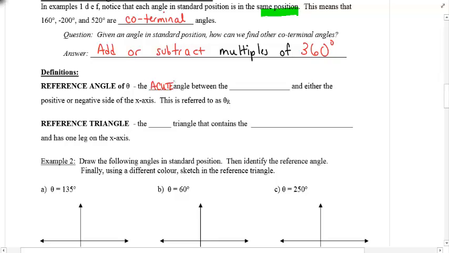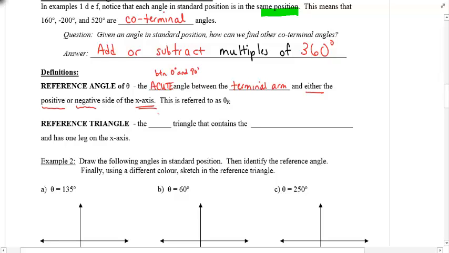So if you don't remember acute, that means it has to be between 0 and 90 degrees. So it's an acute angle between the terminal arm, and this is the key part, and either the positive or negative side of the x-axis. And this is called the reference angle.